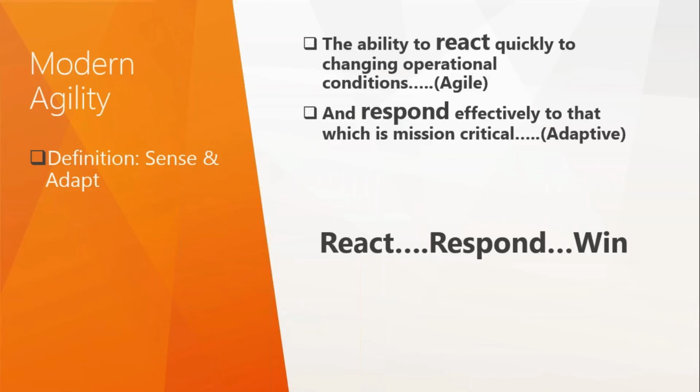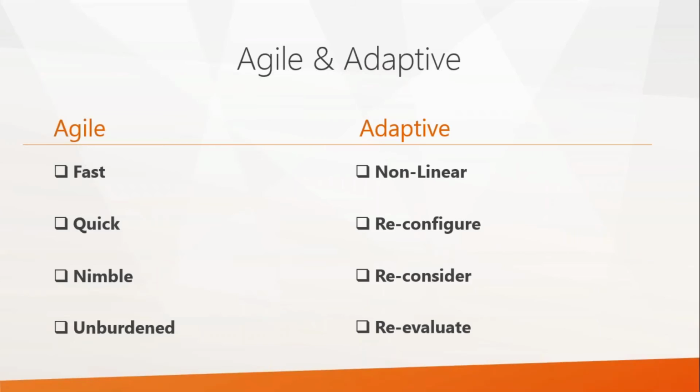So we can say that agile adaptive is kind of what we want to do, and then I put it in these terms, which are react, respond, and win. All right, so that's kind of the way I see this idea of modern agility getting a little bit more specific.